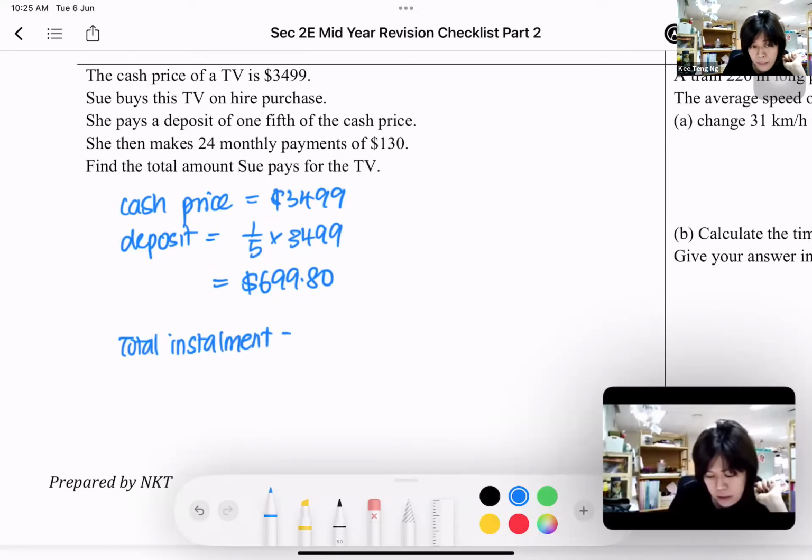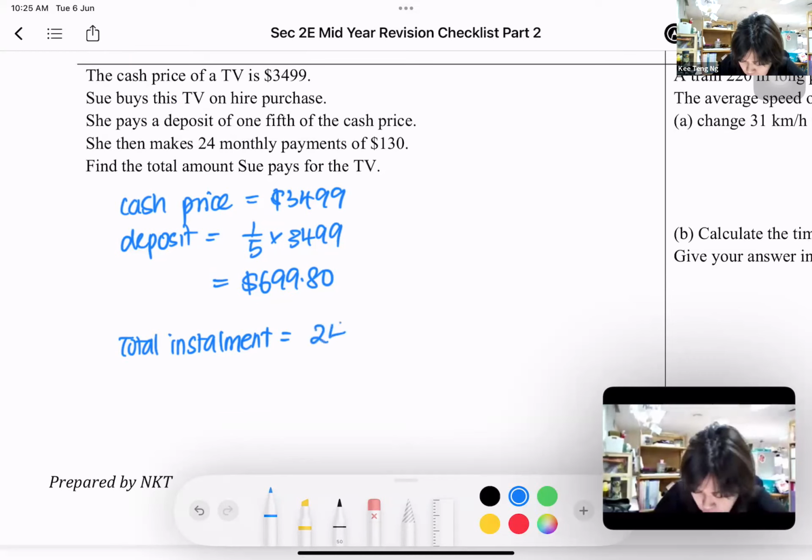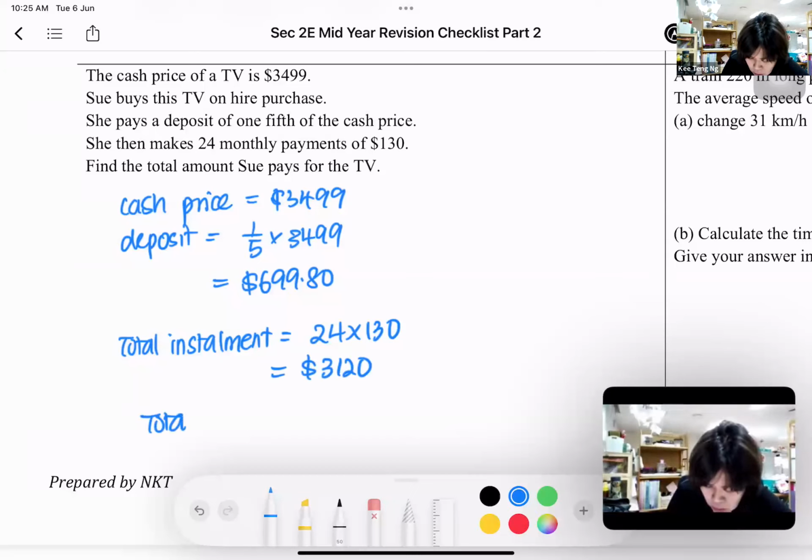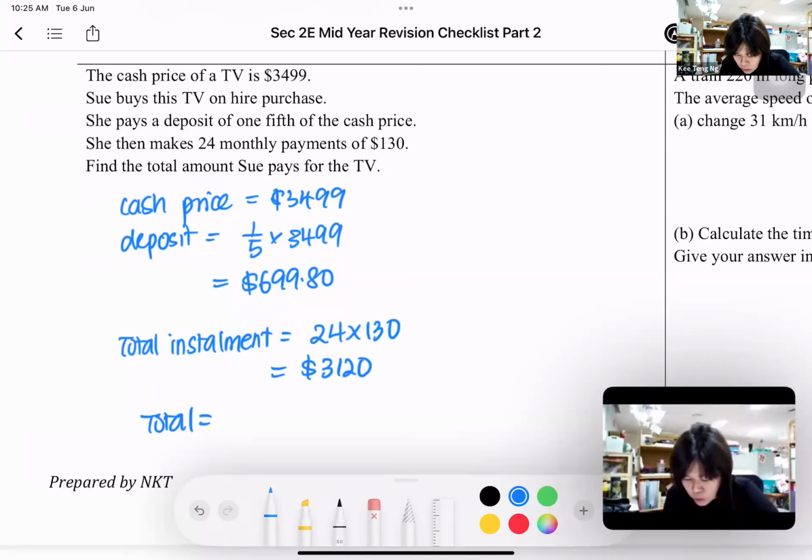In an end of year exam, maybe the teacher might ask you to count interest and then find the installment instead. So this is a more straightforward question. I have 24 times 130 and that gives me 3,120. So what am I going to do for the total? Is the total just 3,120?